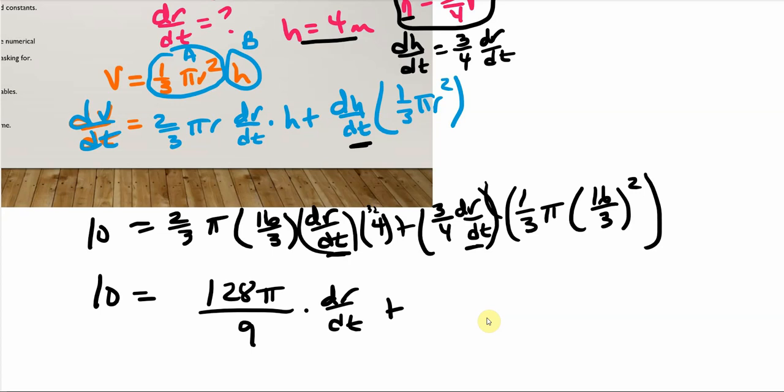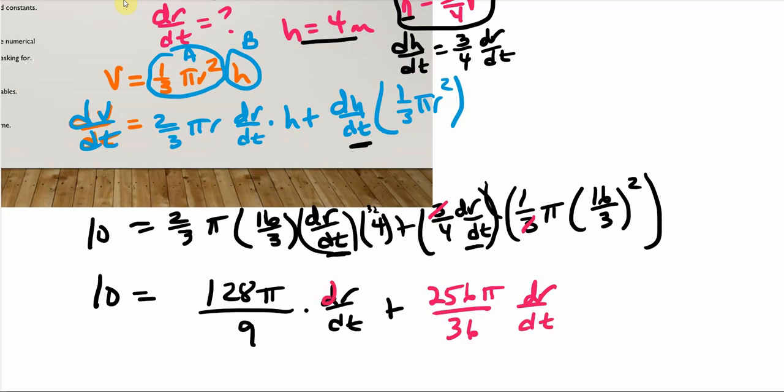Oops, but wait a minute. I don't have to multiply it times 3 because I know that this 3 here and this 3 are going to reduce. So 16 times 16 is 256 on top, right? And on the bottom I'm going to get 3 squared, which is 9, times 4. 9 times 4 is 36 pi dr dt.